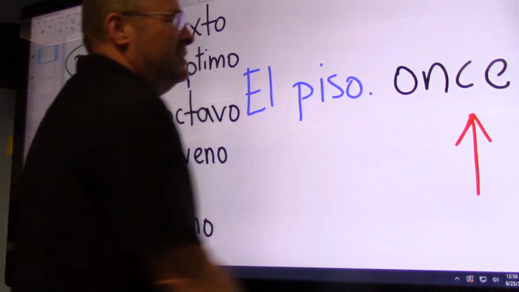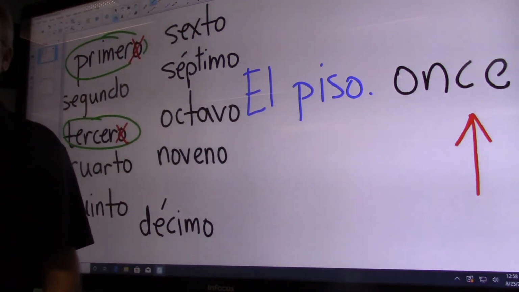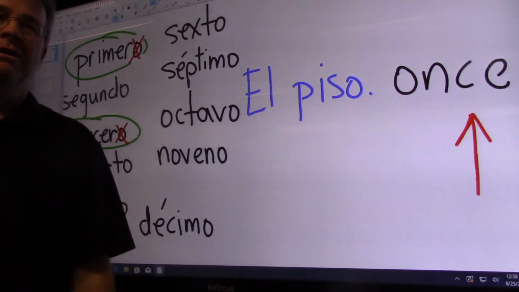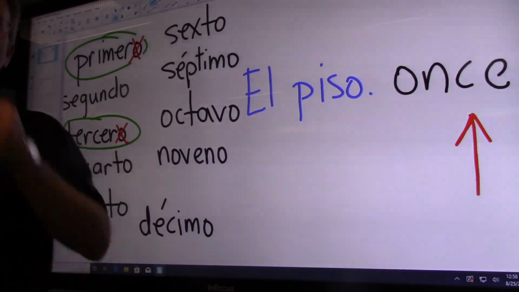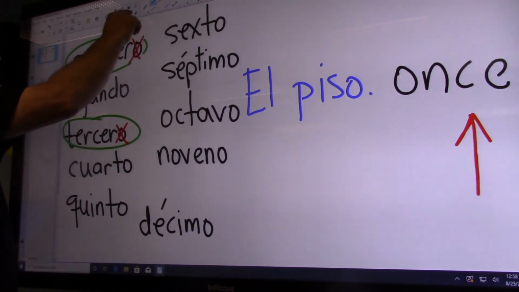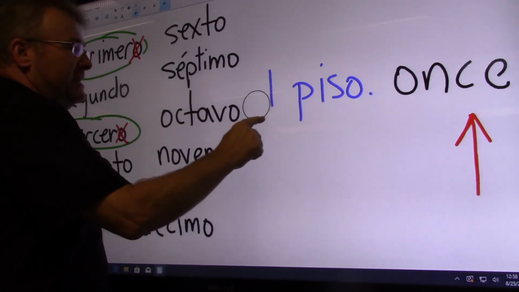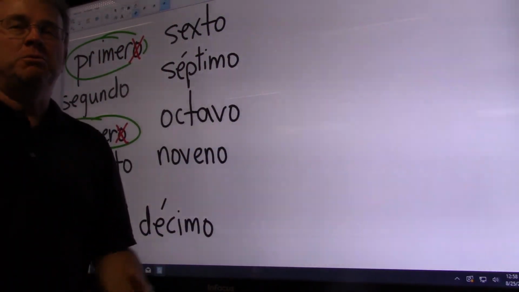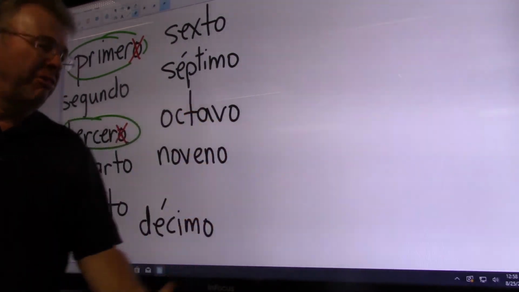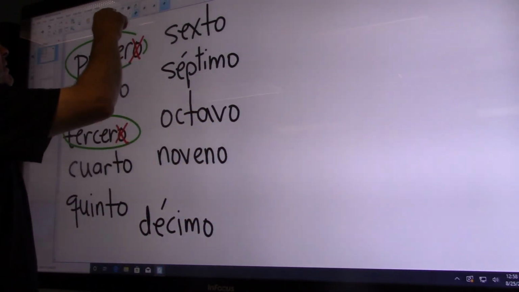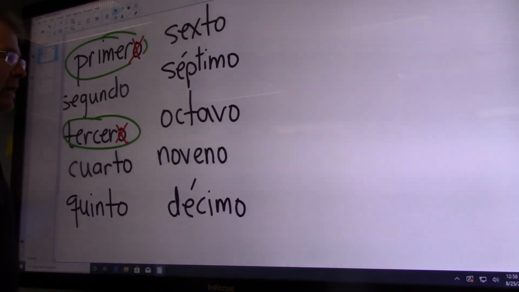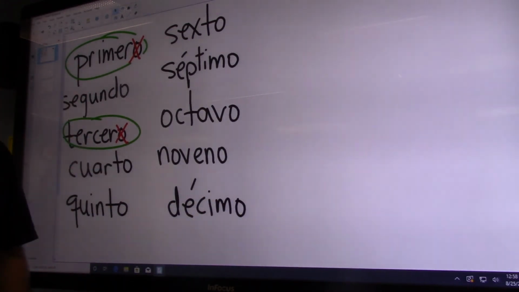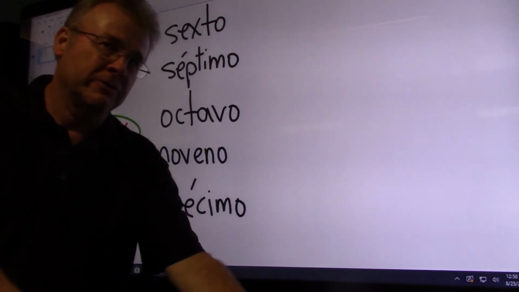El piso once. Just go back to the cardinal number 11. Or el piso doce. Or el piso trece, whatever. So remember, Spanish speakers really don't express ordinal numbers beyond 10th. Okay? Otherwise, there are our ordinal numbers for the Spanish language.